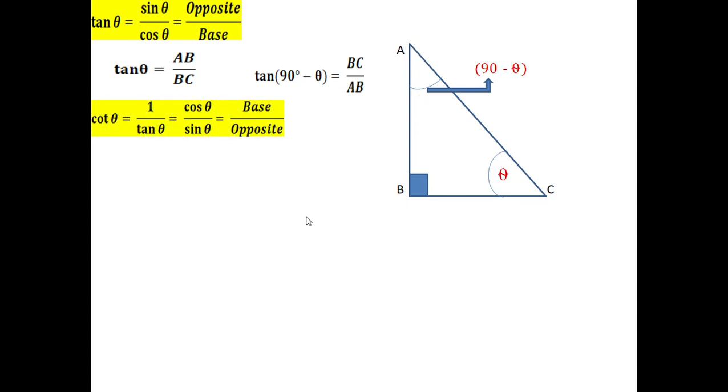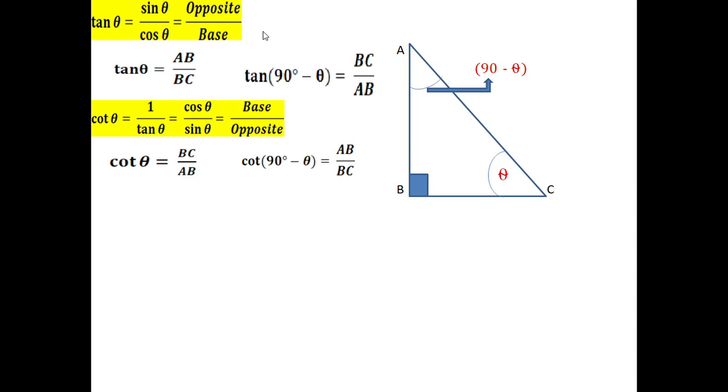Next, cot theta. Cot theta is the reciprocal of tan theta, that is cos theta by sin theta, and ultimately it is base by opposite. So in the context of this triangle, cot theta is base by opposite, that is BC by AB, and cot of 90 minus theta is base by opposite, so AB is the base for 90 minus theta and opposite is BC.